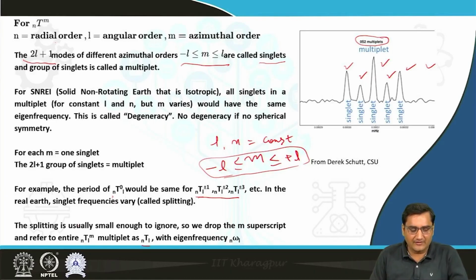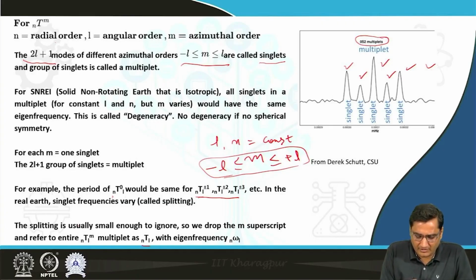Now let's see some examples of splitting. One thing that I should mention is that the solid, non-rotating Earth that is isotropic in nature can be abbreviated as SNREI.